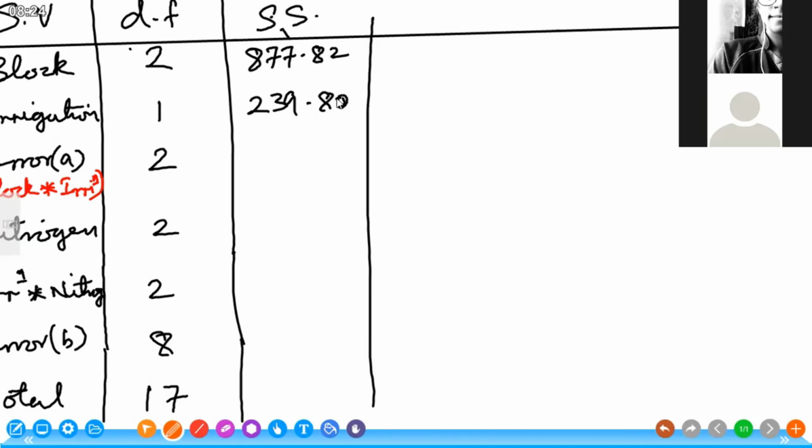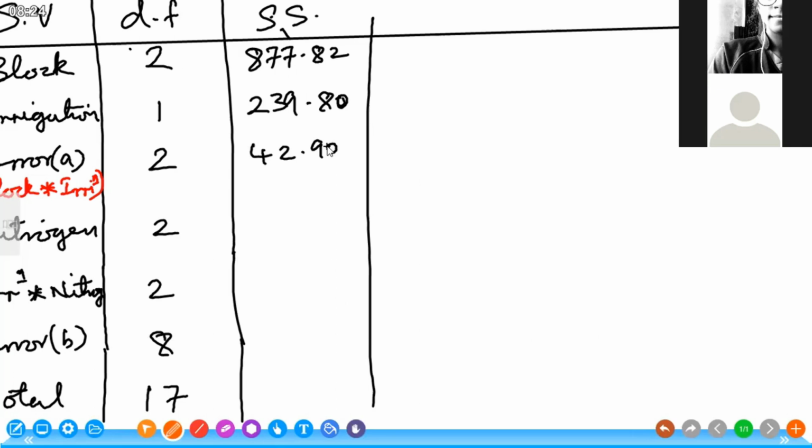I will say 80. What is the error sums of square? Error A sums of square. 42.9045. Okay. Right. I will go for 2 decimals.